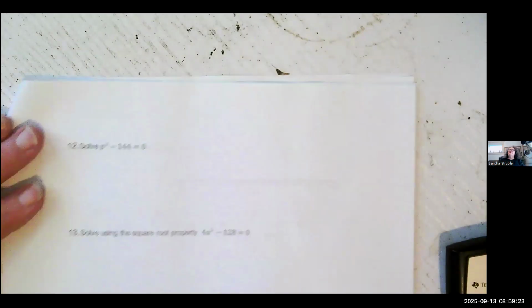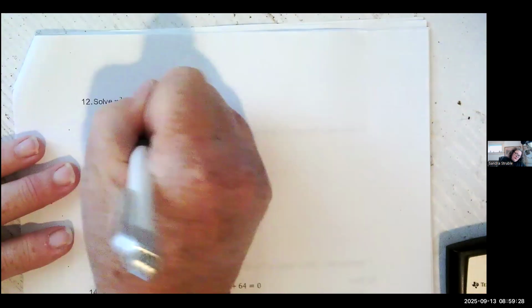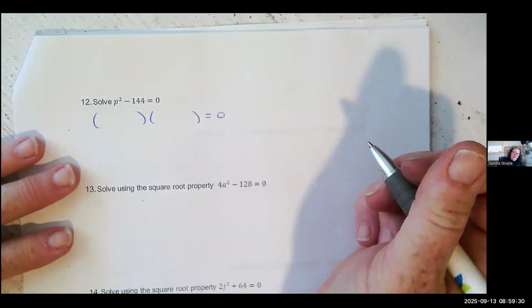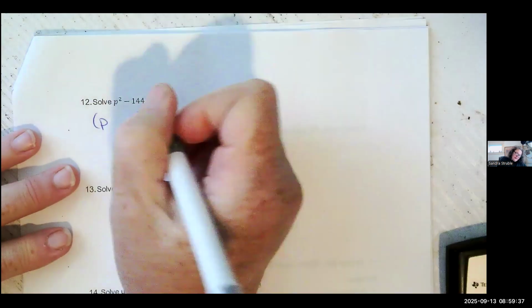You can solve this one however you want. You can solve it using difference of two squares. You can solve it with the square root property. It's totally your call. I'm going to do difference of two squares just because you're going to see square root property here in just a moment.